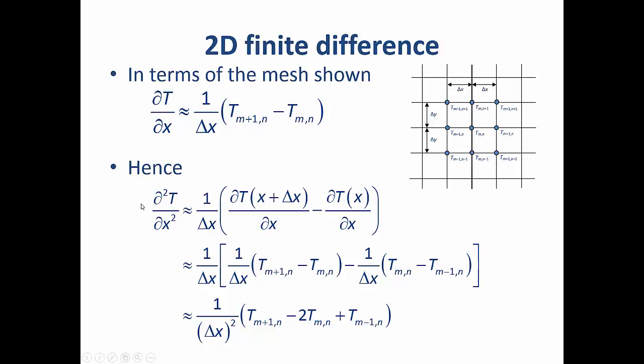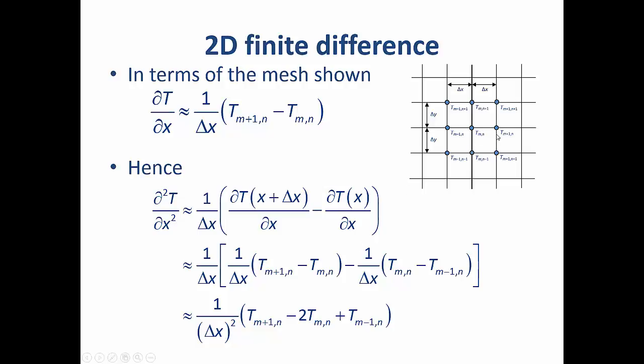In the generalized heat conduction equation, I of course have a second order differential. So what I'm showing here is that the second order differential of T with respect to x will equal 1 over delta x times the first order differential of T with respect to x, evaluated at x plus delta x, minus the first order differential of T with respect to x, evaluated at x. And then I've simply rewritten that in terms of the nodes shown here.